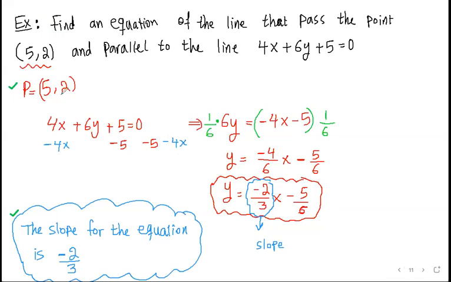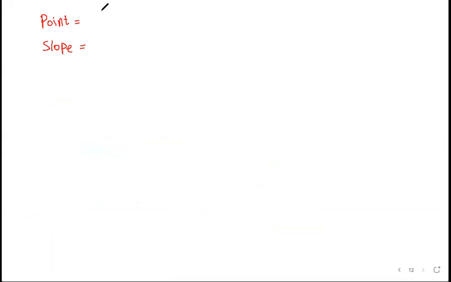So the point is (5, 2) and the slope is negative 2/3. Use the equation y - y1 = slope times (x - x1).